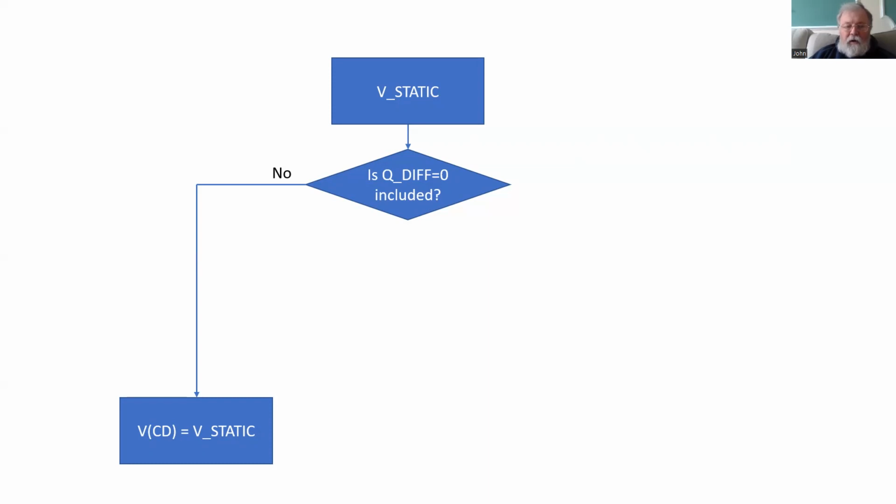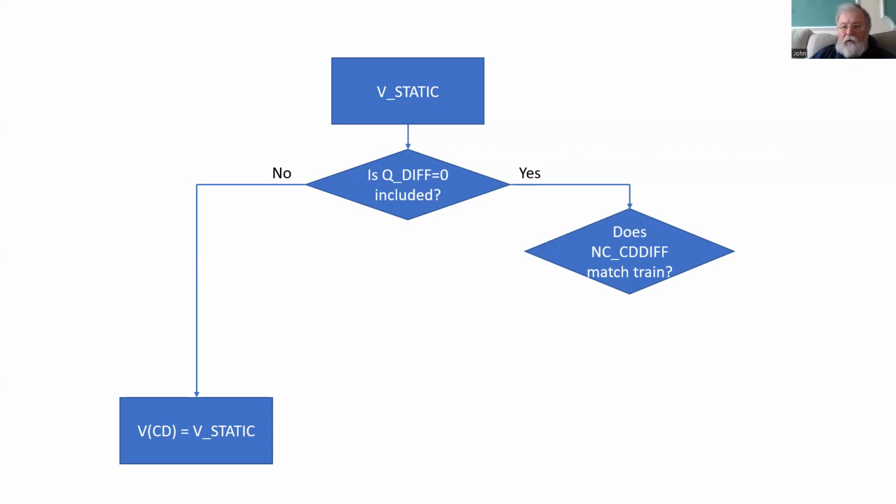However, if there are entries which show that there is a Cant deficiency, then the onboard needs to compare those Cant deficiencies with the ones which the train is capable of operating at. And if there is one which matches the train, then the speed associated with it, V diff, is set to the V Cant deficiency.